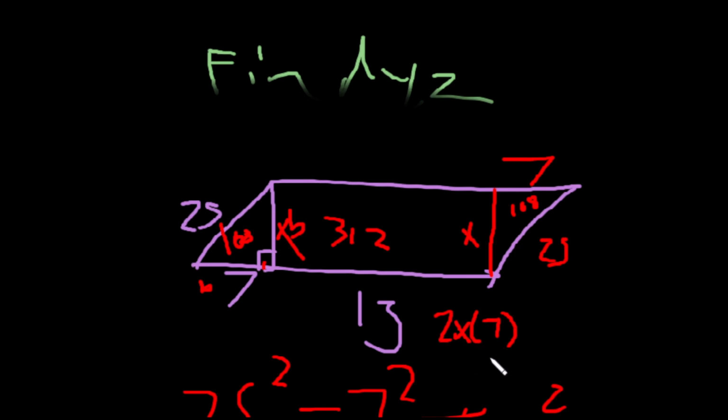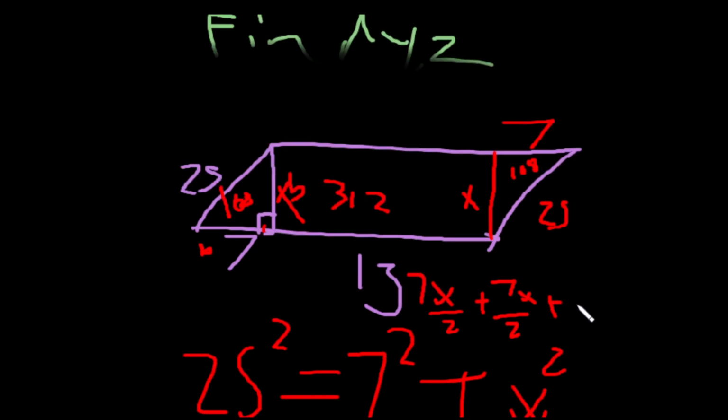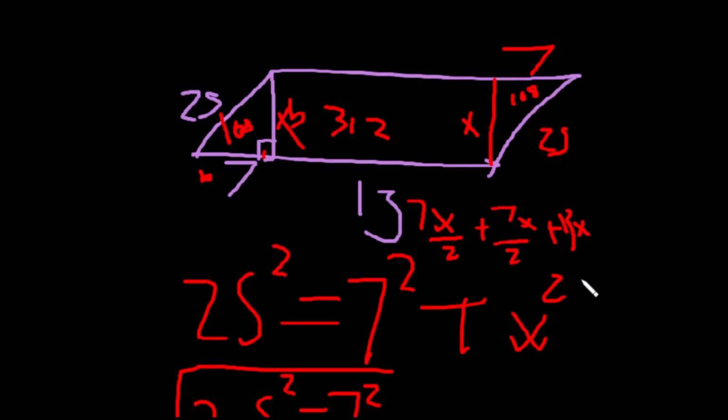No, it's 7x over 2 plus 7x over 2, plus x times 13. And you see there's a little something here. This turns into 2, so that cancels out the 2. And these 7s join to make the same thing.